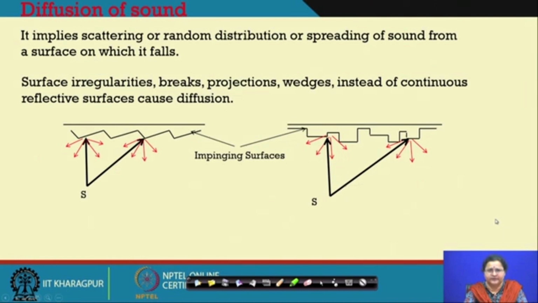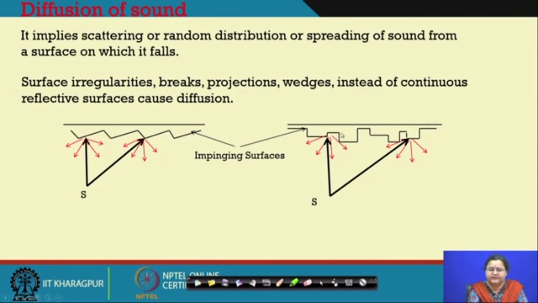In case of reflection, it was coming out directly in one particular direction. Here it is spreading out all around, and you have to be very careful that the sound which is entering into these gaps may get inside that, and some may get really reflected if the dimension is of that order.